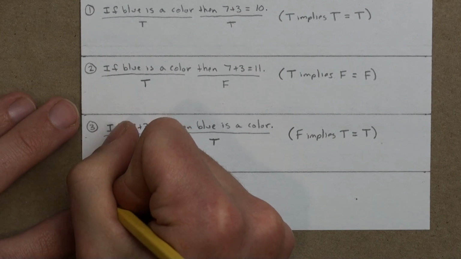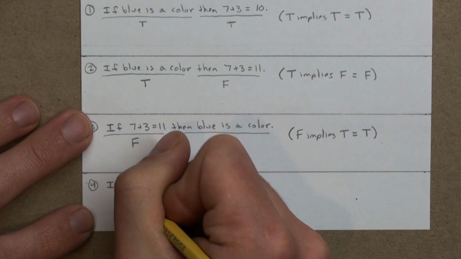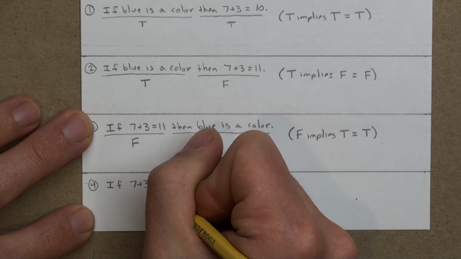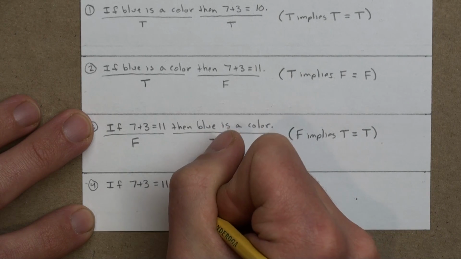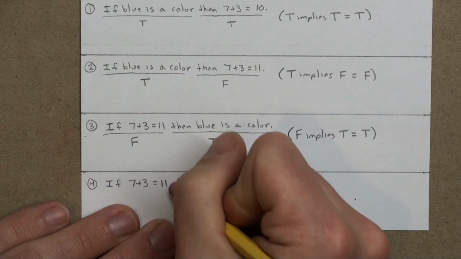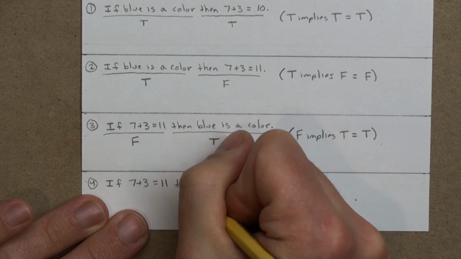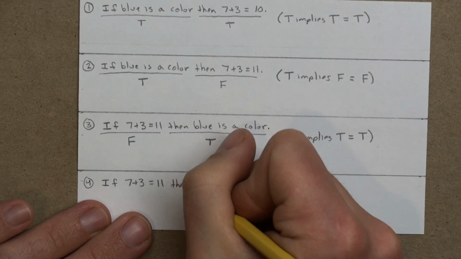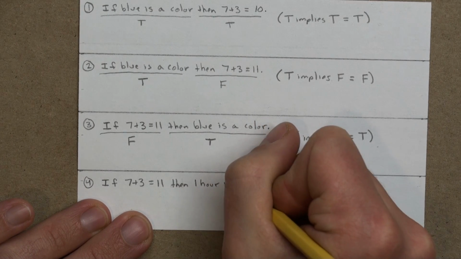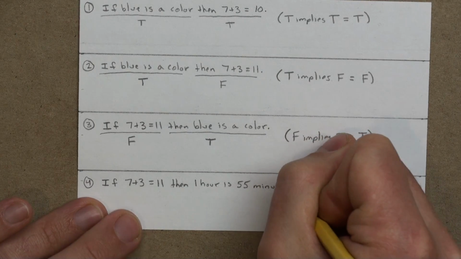Okay? And for the fourth one, if we said, if 7 plus 3 equals 11, then 1 hour is 55 minutes.